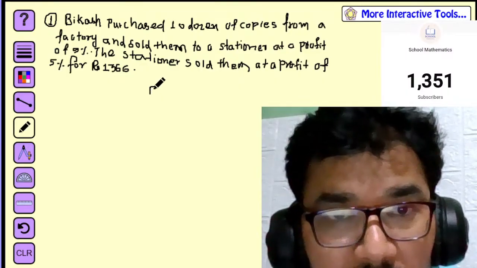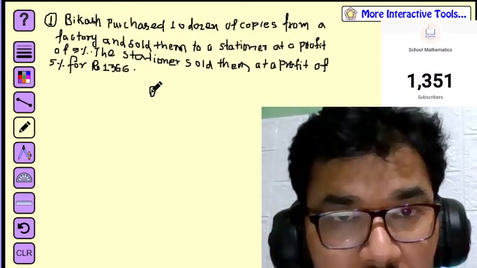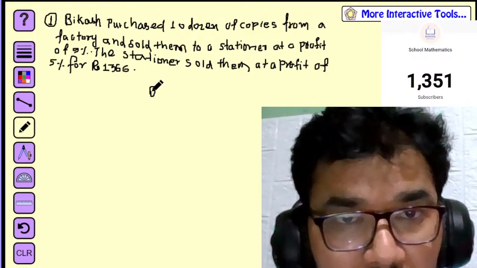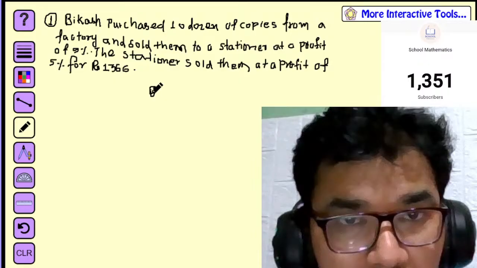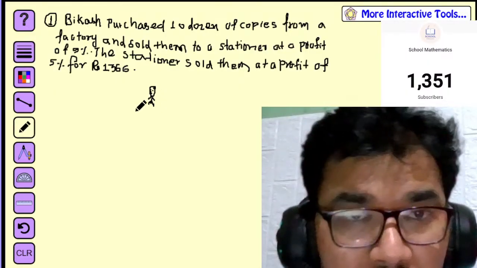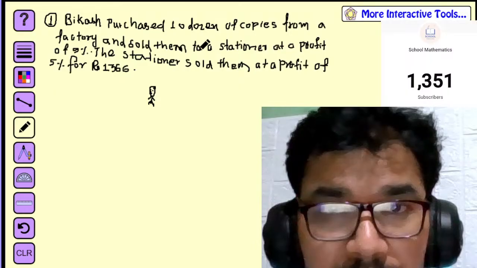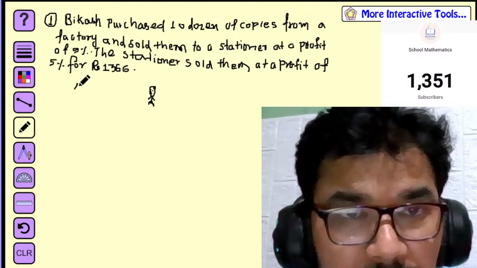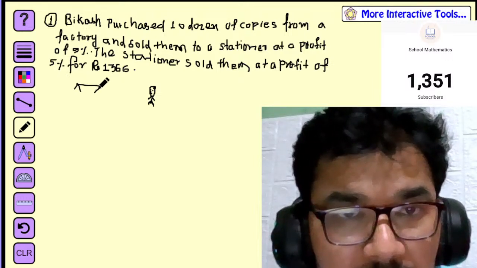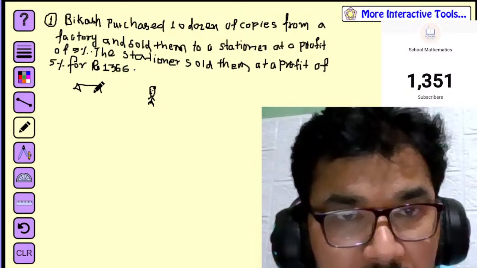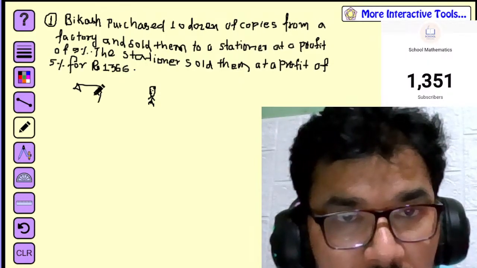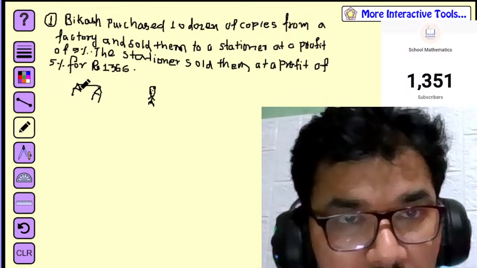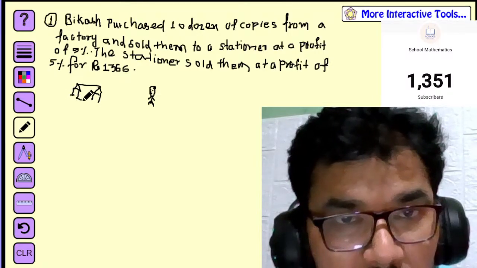Here is Bikash, one person, and Bikash has purchased from the factory. You must be clear about this.